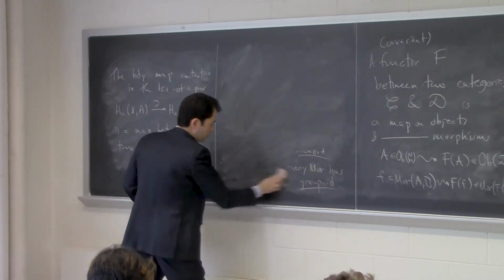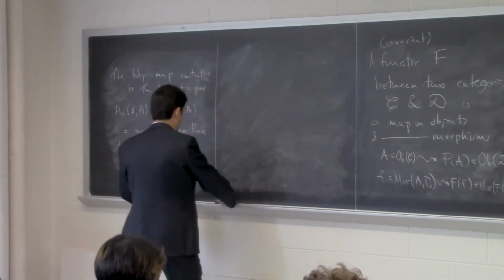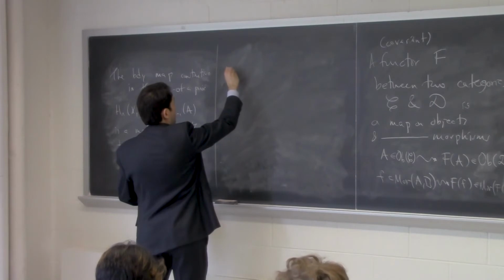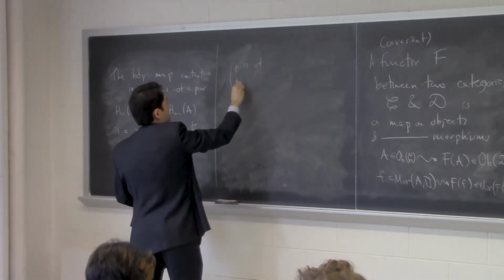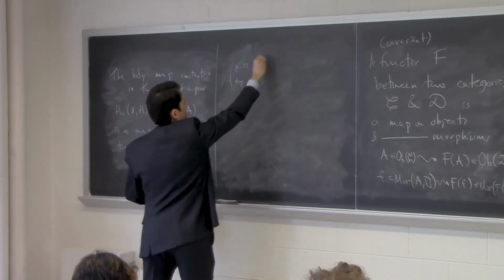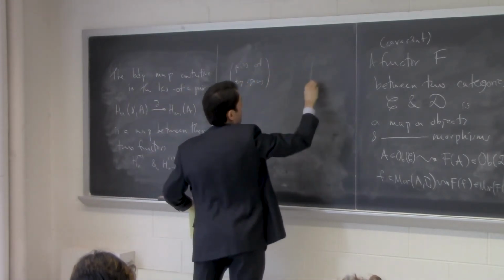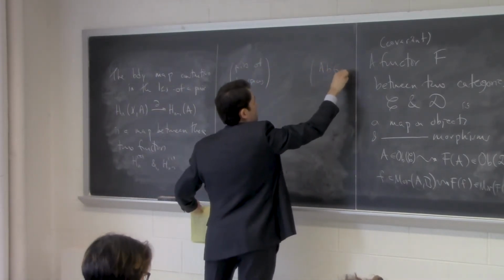The way this is denoted sometimes is you have pairs, and then you have abelian groups.